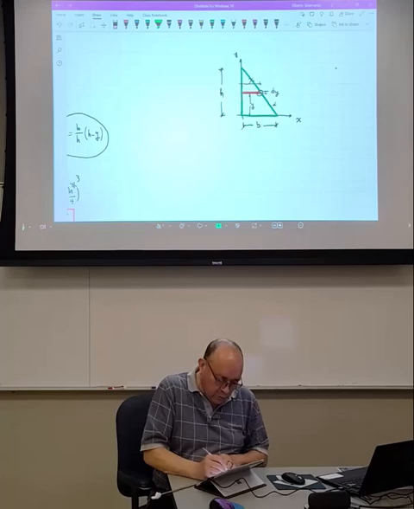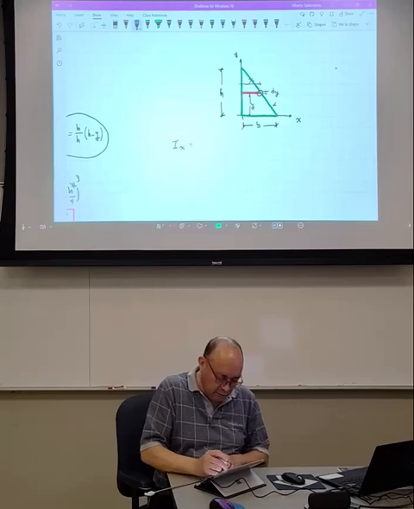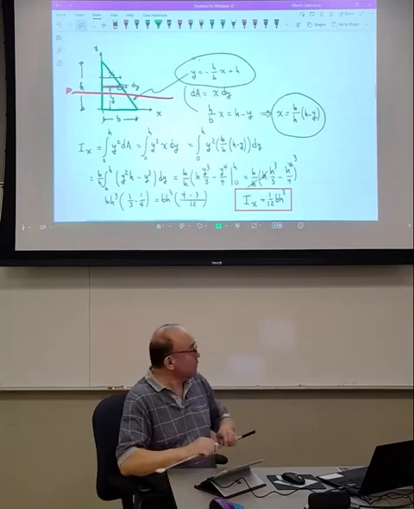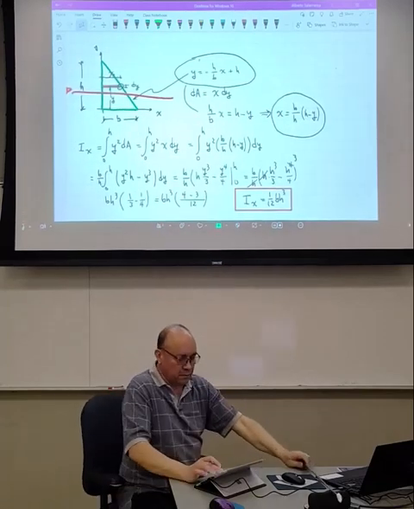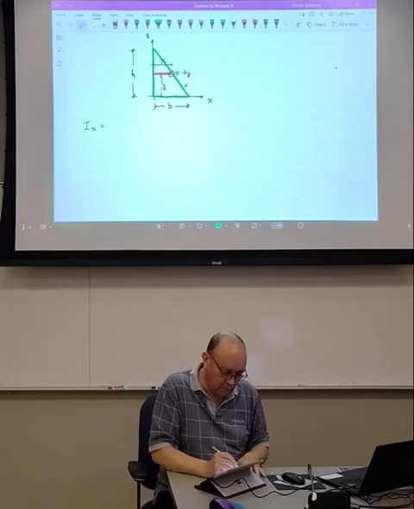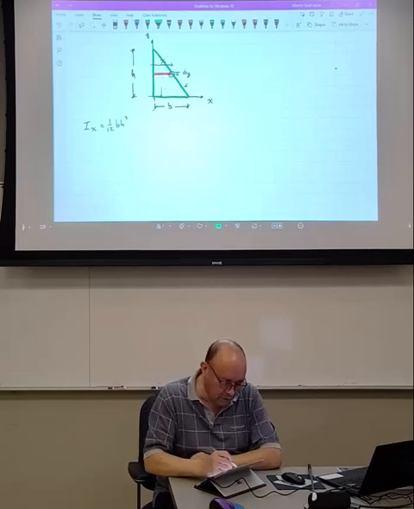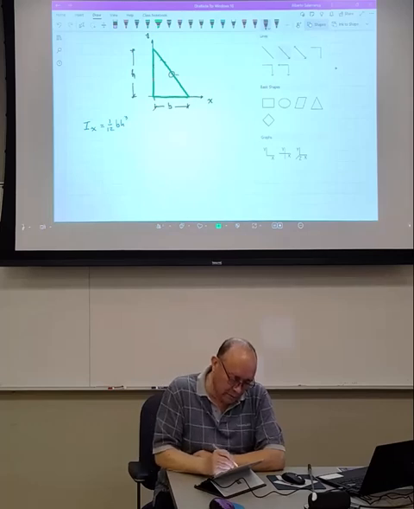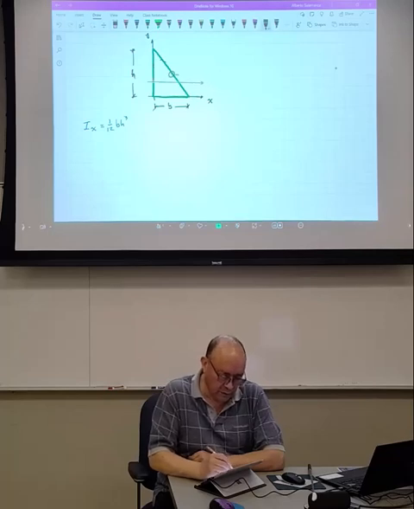We found that the moment of inertia with respect to x, remember, this one, is 1/12 bh cubed. Now I want to calculate the moment of inertia of this with respect to a centroidal axis. Let's put it here. This will be x prime.